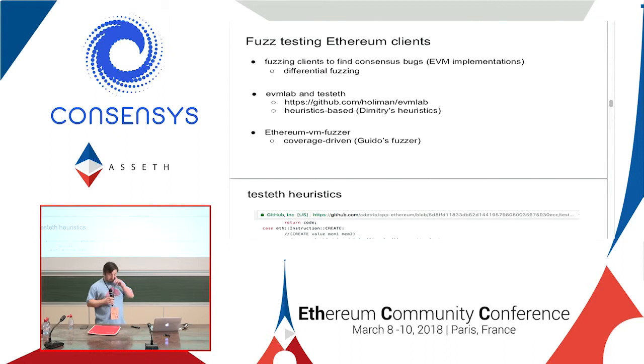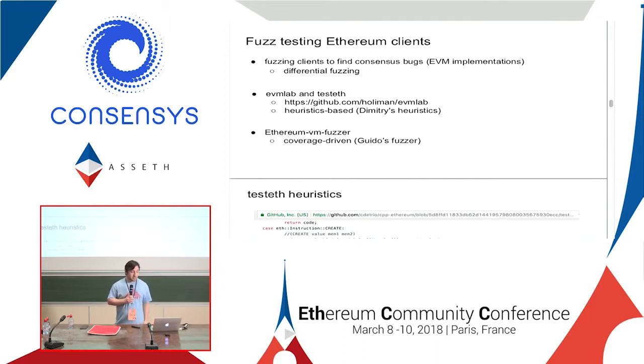Okay, so the fuzz testers we use are a custom version of libFuzzer, which is an LLVM thing. Guido Vranken created that. EVM Lab, which our head of security Martin Swende started, and TestEth, which Dimitry maintains.